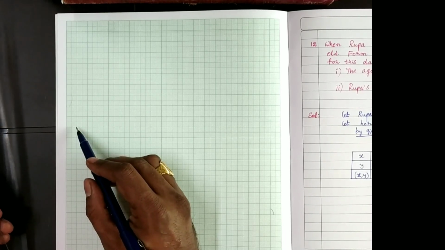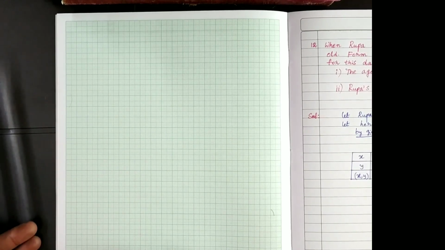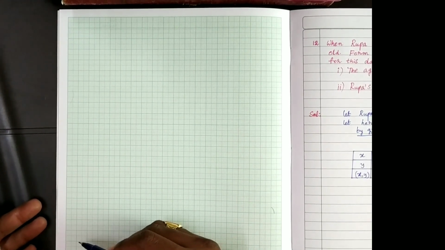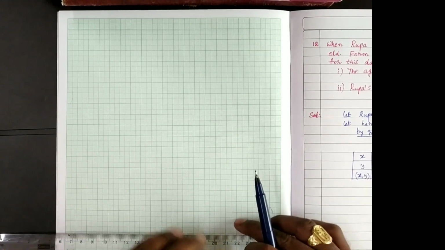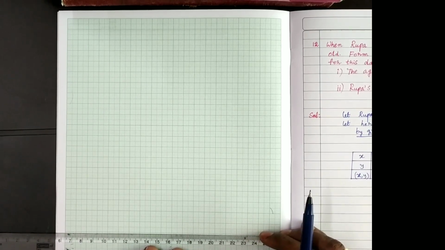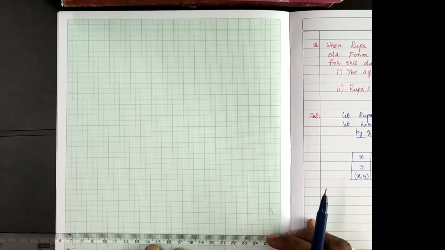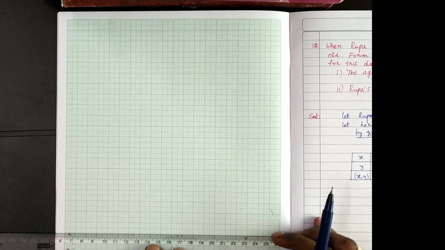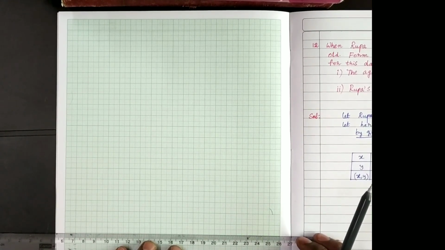Every square box is 1 centimeter square. So 1, 2. And from down, you leave 1, 2. Just leave 1 or 2 lines from the down, and take the x-axis on a dark line. Draw neatly. Presentation is important.